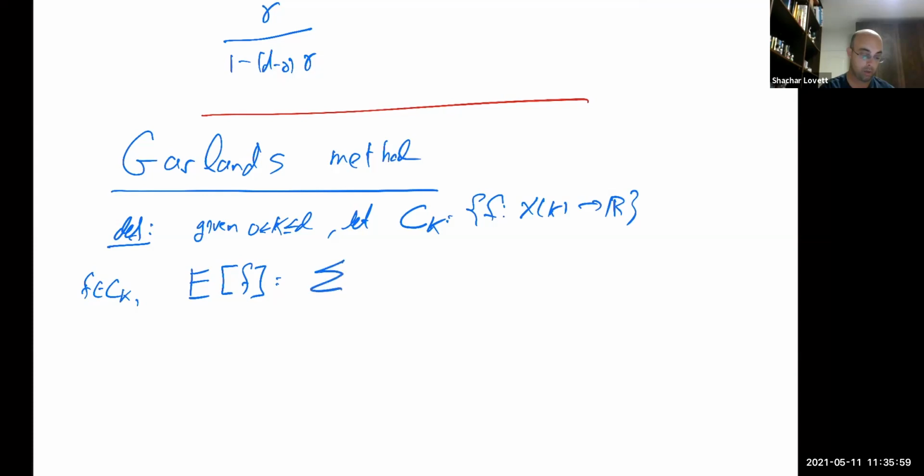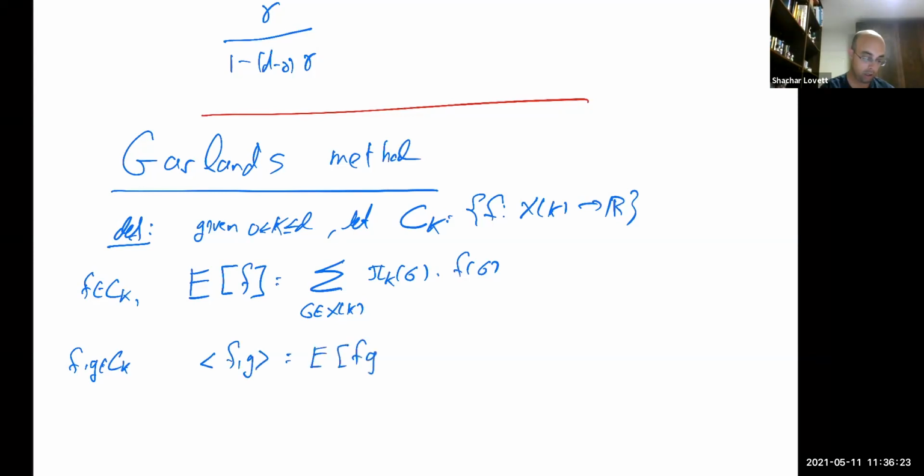It's going to be the sum over all faces sigma in the kth level of the probability that we see this face, times f of sigma. And the last thing I want to define is that if I have two functions f and g in Ck, the inner product is just the expectation of fg.